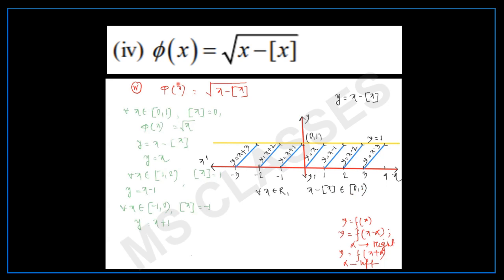That is, when the input is 0 to 1, this will be definitely defined. So we can say that root over x minus box x is defined for all x belongs to R. Therefore, the domain of phi x is R.